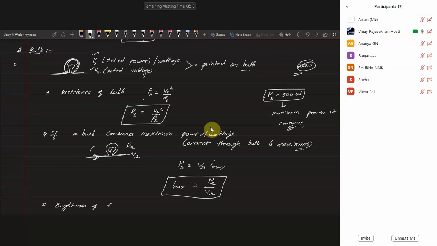The brightness of the bulb depends on the power loss across the bulb. Please remember this one. So brightness of the bulb depends on what? Power loss across the bulb. If you understand up to here, then I will give you an example problem, and you can understand how to do this one.